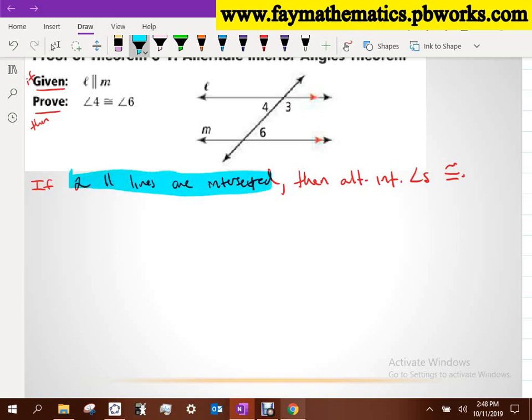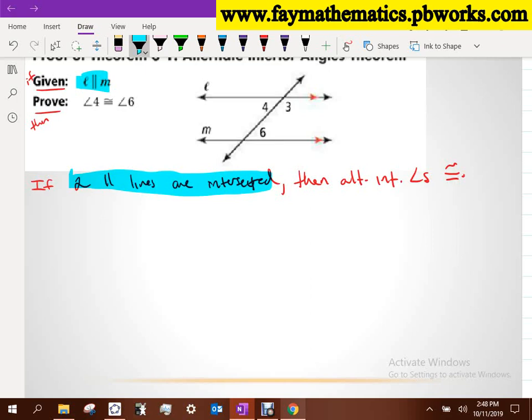Okay? If we're going to take our hypothesis and make that our given, if I compare those 2 things I just highlighted, I would argue that the L parallel to M in my given says less than what the 2 parallel lines are intersected by a transversal statement would say. Does that make sense? Okay? Because when I see L parallel to M in my given, there is no discussion there about a transversal, right?